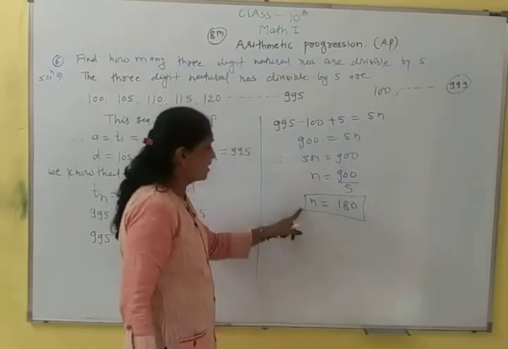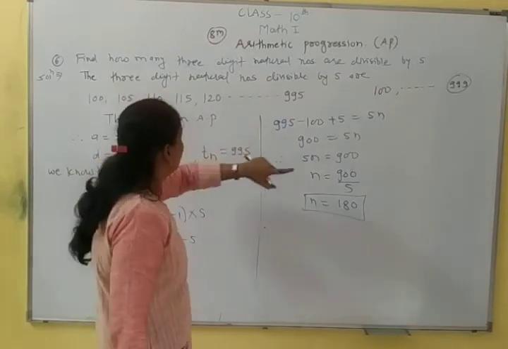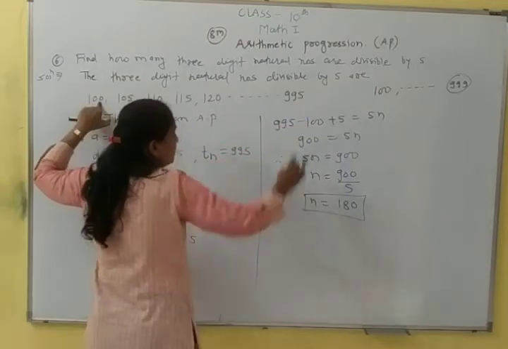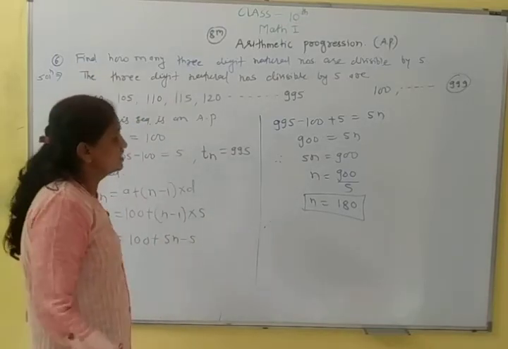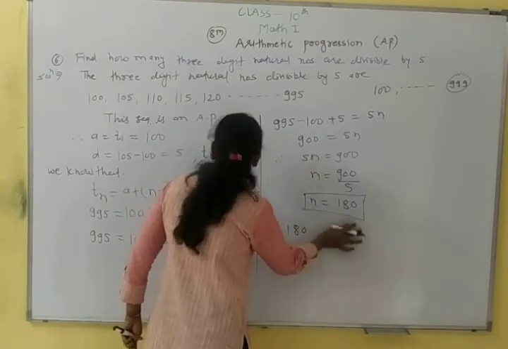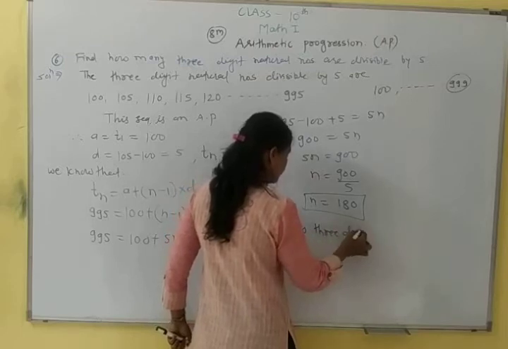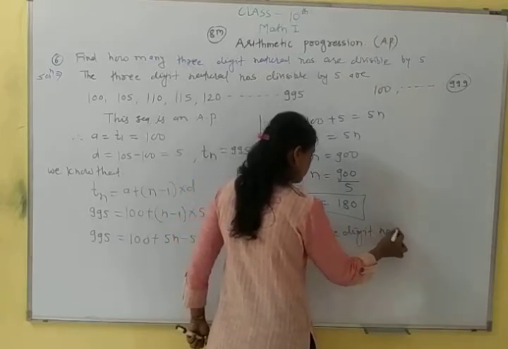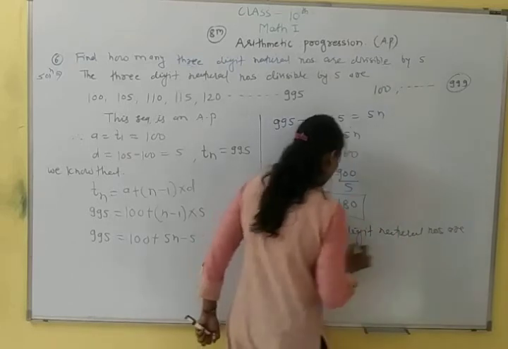Therefore 180 numbers are divisible by 5 from 100 to 995. So 180 3-digit natural numbers are divisible by 5.